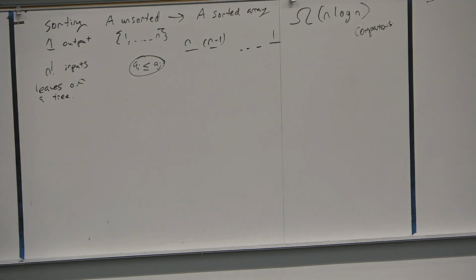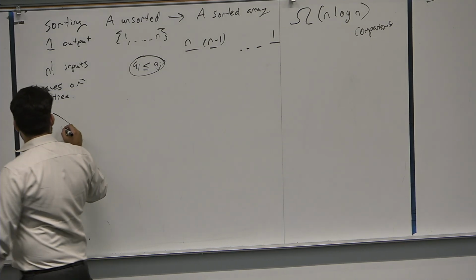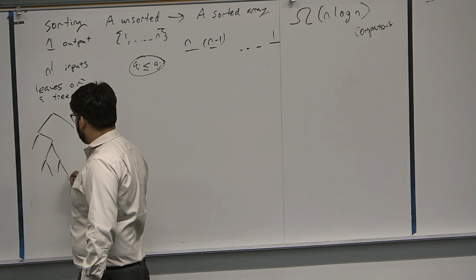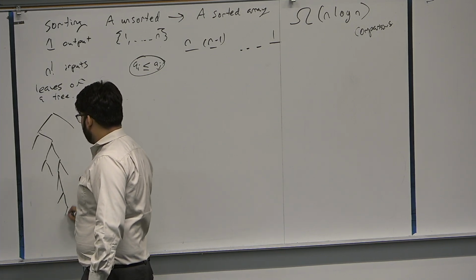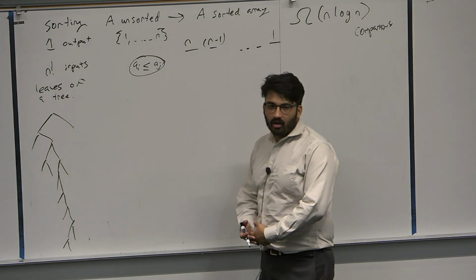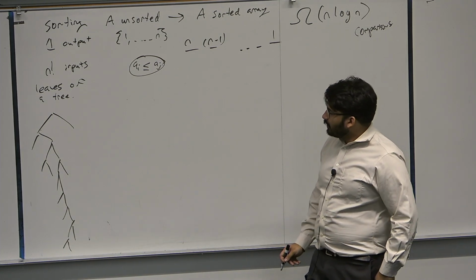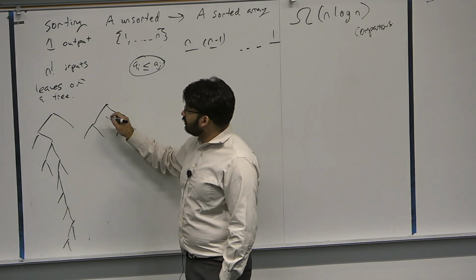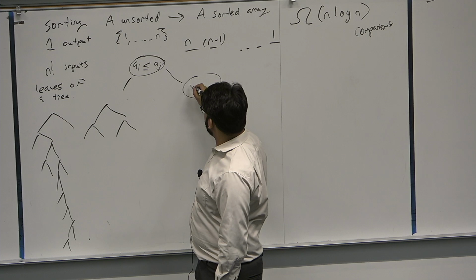And unlike binary search, where we get to assume that searching always splits it in half nicely, sometimes you make bad comparisons. So it's possible to get binary trees that look like this. You could have a really long, bad tree. You could also have a really good tree, where each of the intermediary nodes is a comparison, right?